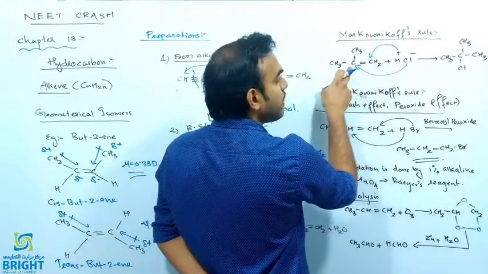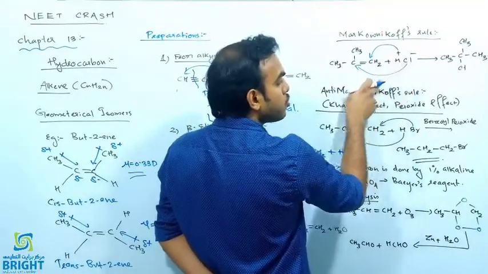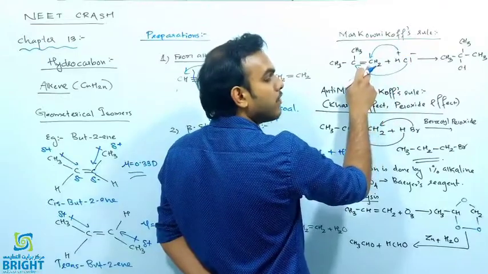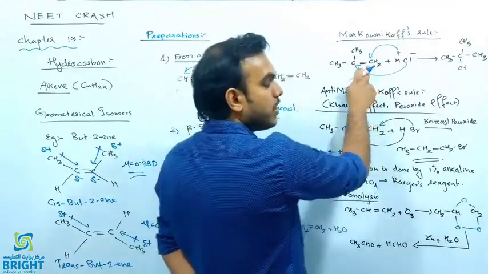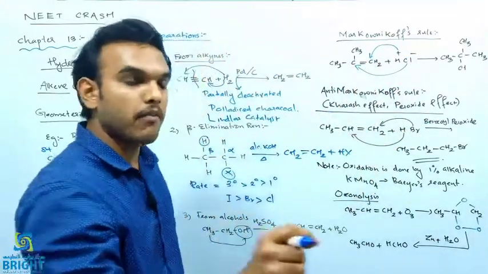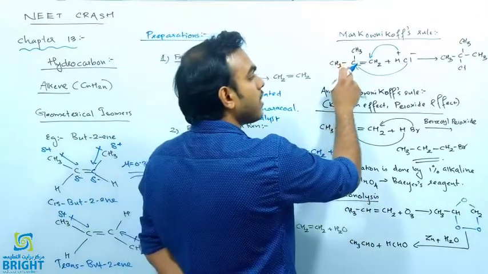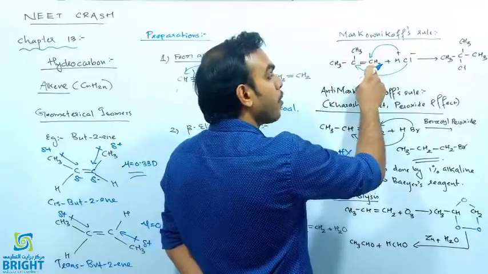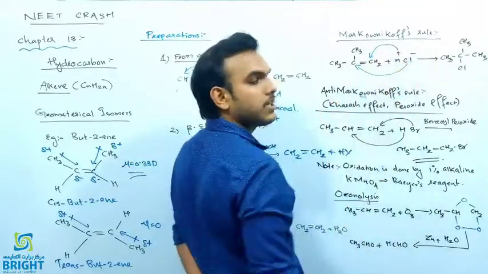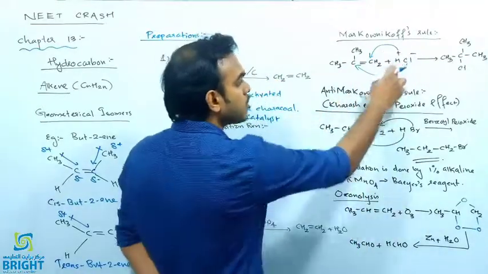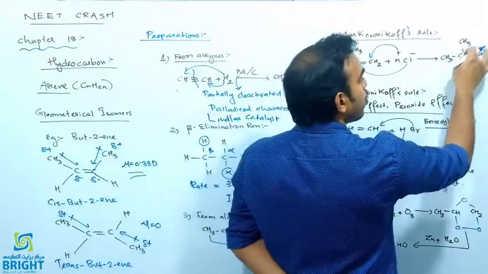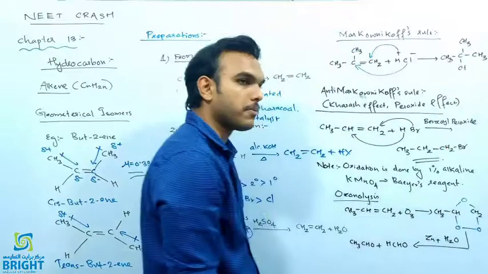The carbon having fewer hydrogens will be attached to the negative part, and the positive part will be attached to the carbon having more hydrogens. That is, chlorine will come here and the hydrogen will come here. So 2-chloro-2-methyl propane will be formed here.